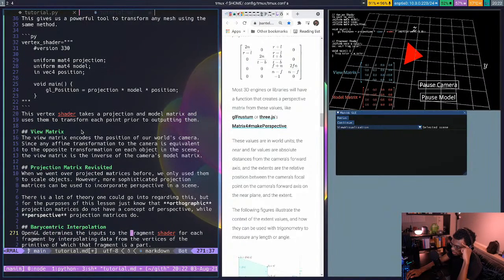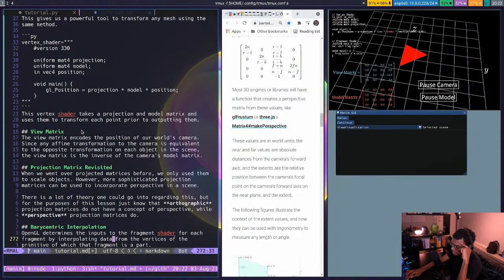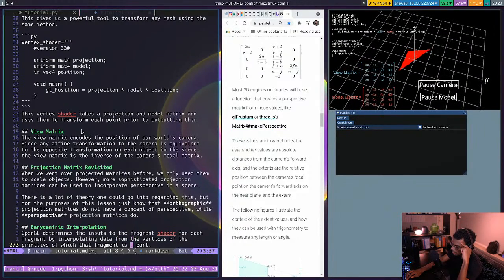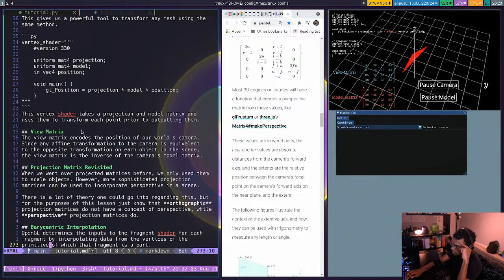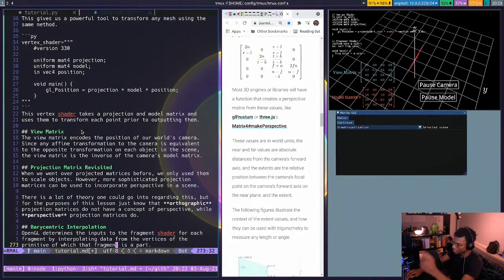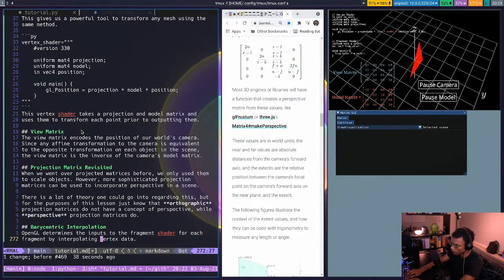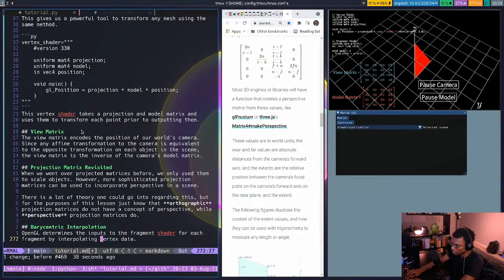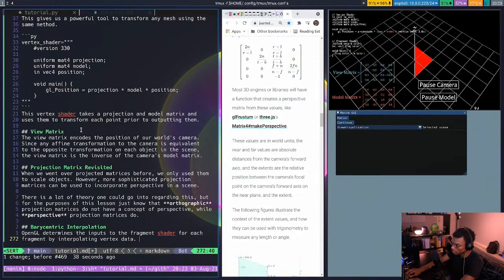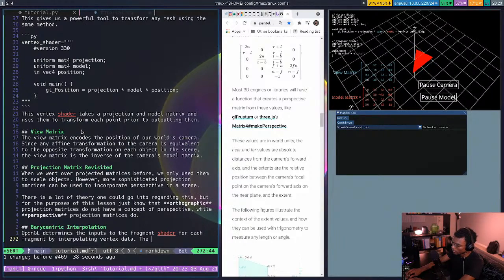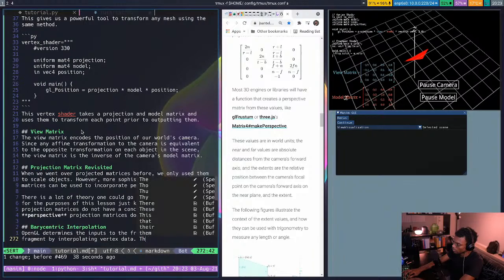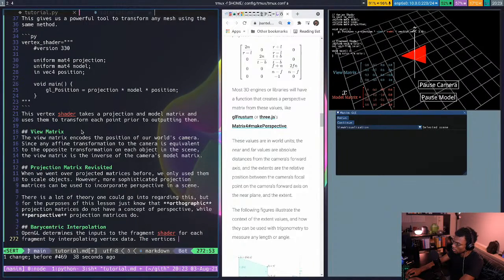OpenGL determines the inputs to the fragment shader for each fragment by interpolating data from the vertices of the primitive of what. Yeah, I'm not gonna write that. That's insane. By interpolating vertex data. The vertices.